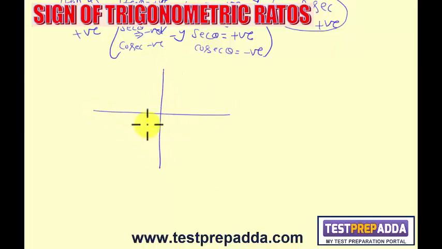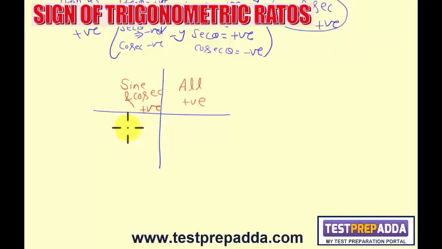So if I draw this first quadrant, second quadrant, third quadrant, fourth quadrant. In the first quadrant, all trigonometric ratios are positive. In the second quadrant, sine and its reciprocal cosec, these two positive.